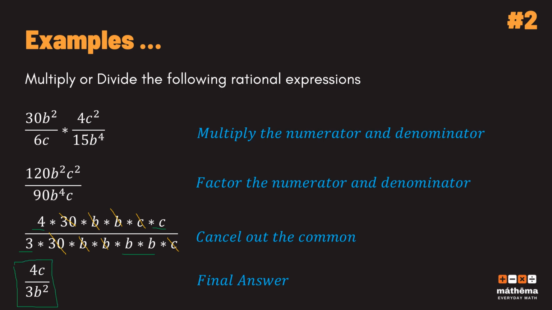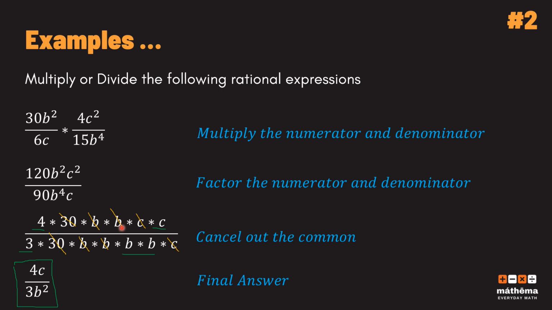So again, when we multiply 30b squared over 6c times 4c squared over 15b to the fourth power, that will give us 4c over 3b squared. So again, this is one way of multiplying rational expressions.